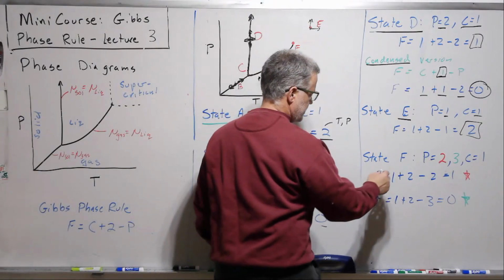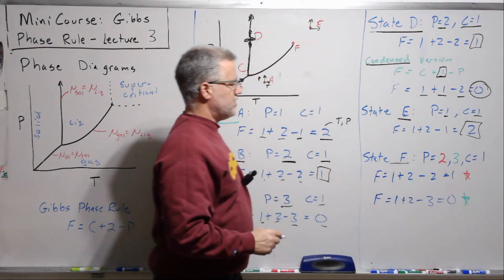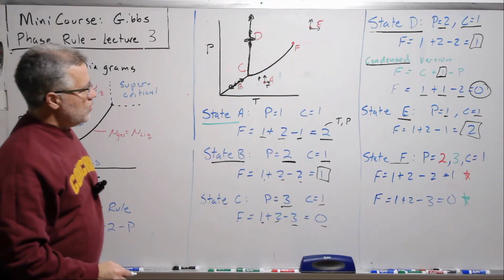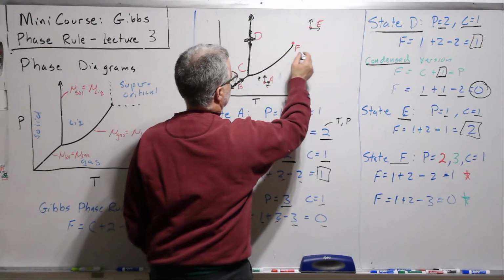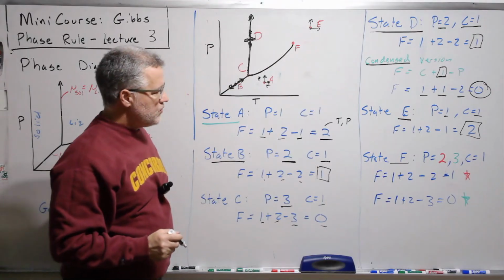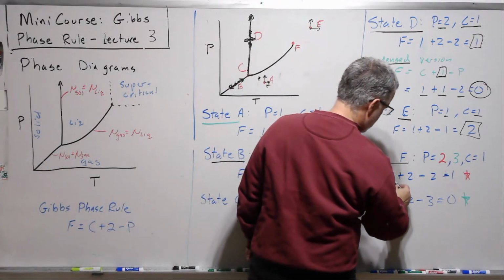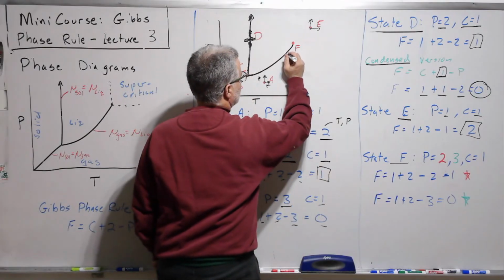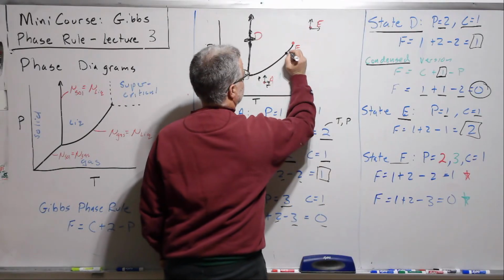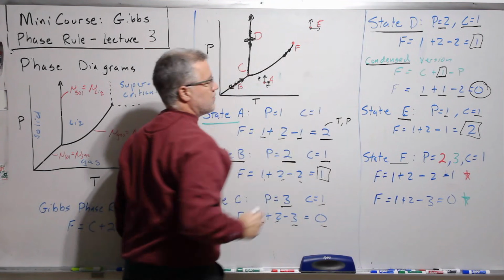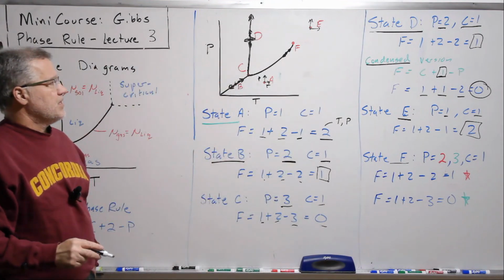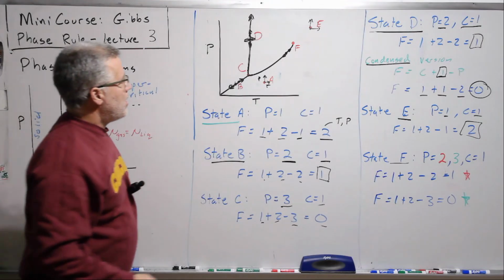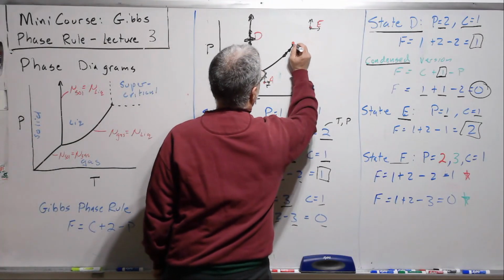All right, let's look at state F. Now, a little bit of a subtlety here. We might think there's 2 phases, liquid, gas, in which case we would go 1 plus 2 minus 2 equals 1. And that would be very much analogous to the case we had down here, where we could traverse along this curve as a 1 degree of freedom. But notice we are at the very edge of this.